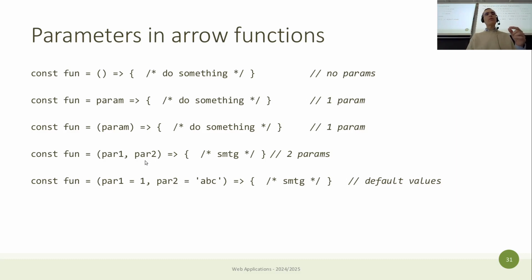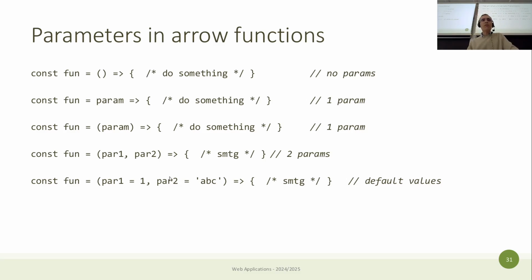Okay? So with two parameters, it's mandatory. But if you have one single parameter, you can omit the parentheses, so the brackets. And you can also create an arrow function without parameters. And in this case, you need to open and close the rounded brackets. And then you use the curly brackets for the code. That's fine.